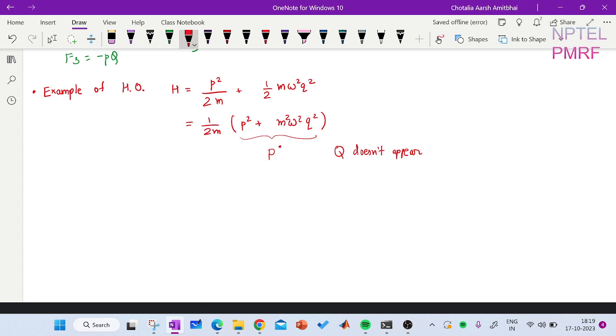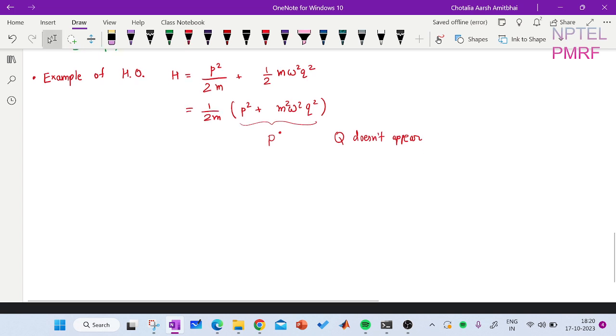This is some function of P. So what we want to do is have small p, which is some function of capital P times cosine of q, because if this is something times cosine of q square, and this is the same thing times sine q square, then cosine square plus sine square would give 1, and there won't be any q.